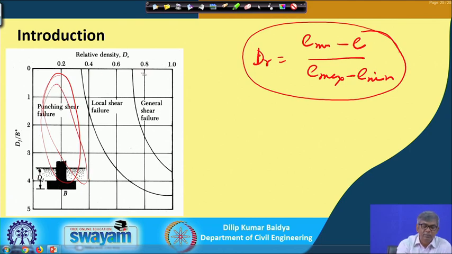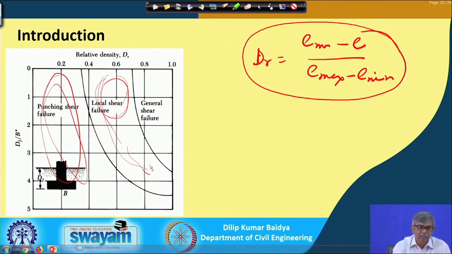And if it is 35 up to, suppose, 70, the soil at shallow depth may have local shear, but when depth is increasing, then they may have... of course, this is the zone where depth Df by B and relative density vary in such a way.